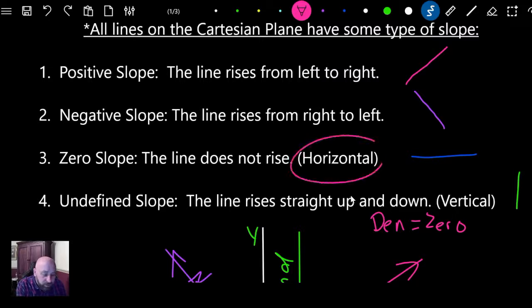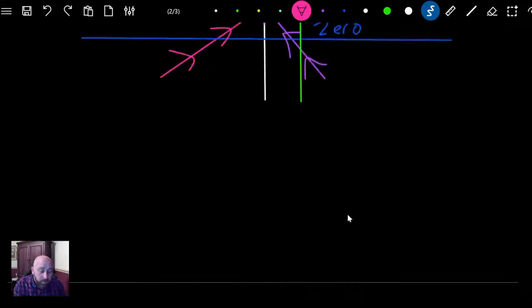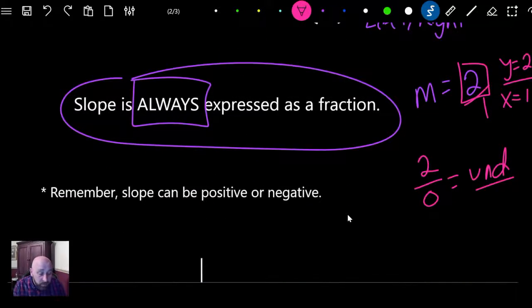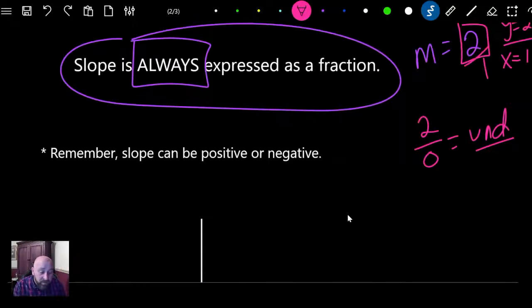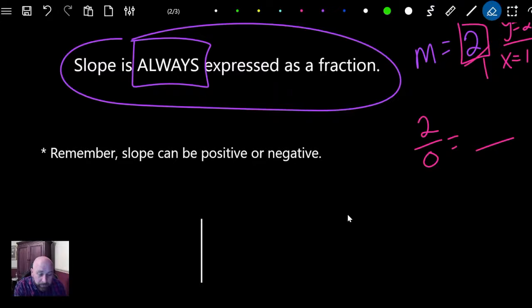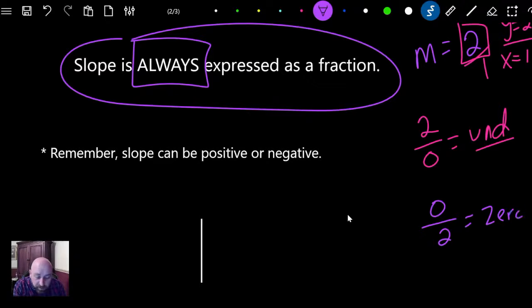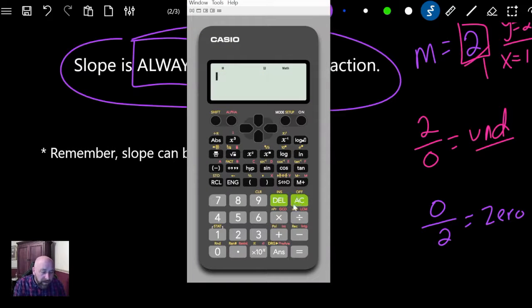So there's also a trick here with the vertical slope, or with the 0 slope. What you have when you have 0 slope is something that looks like this. Now you have 0 divided by 2. And this equals 0 slope. Why does that equal 0 slope? Pull your calculator back out, and let's do 0 divided by 2. 0 divided by 2 equals 0.